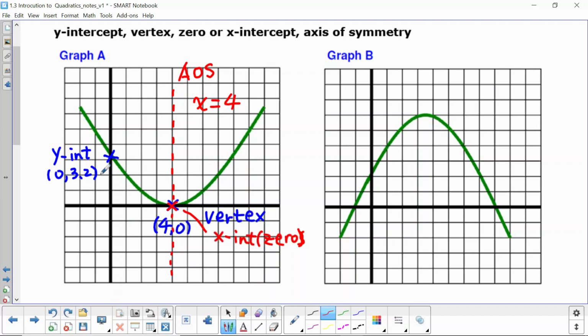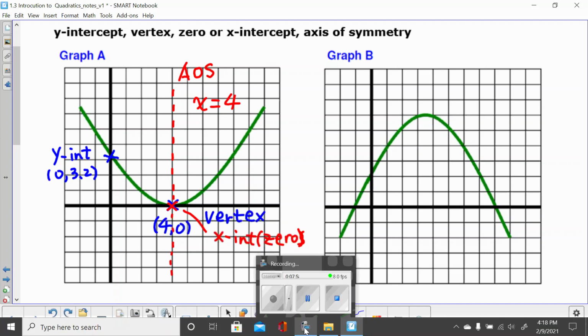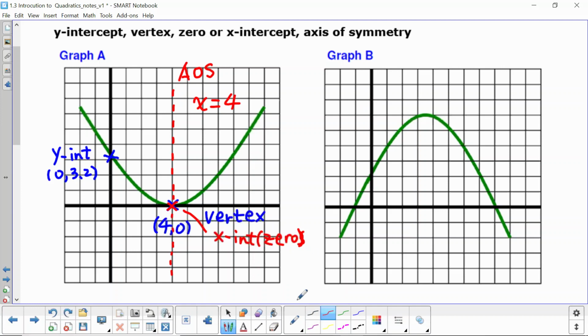So we labeled this one, and now please pause this video and do graph B by yourself. Once you are done, we are going to play this video and check your answer. After that, we are going back to fill in that chart first.